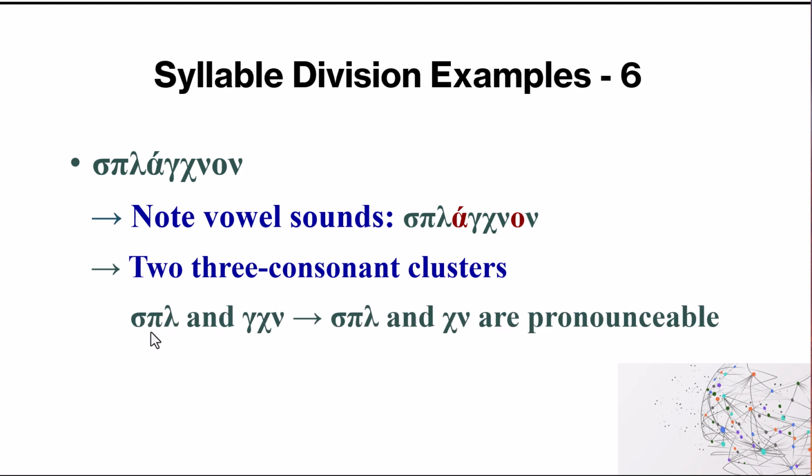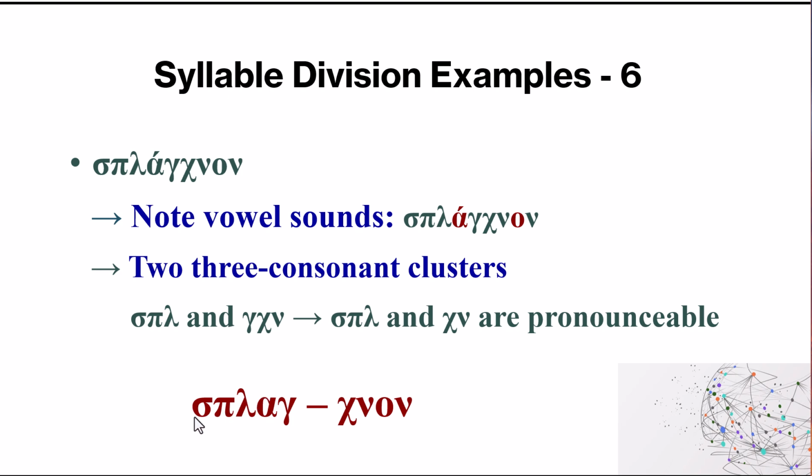We have sigma p lambda, beginning, and then here in the middle, we have gamma chi nu. Now, sigma p lambda is pronounceable, and chi nu is also pronounceable. So that means that the gamma is an outlier here. We can figure this out.